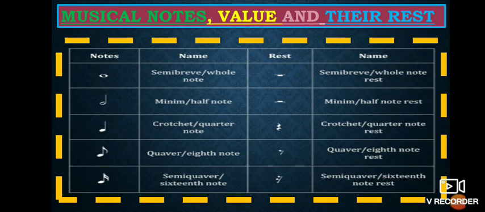Now move to the last note, semiquaver. The difference between semiquaver and quaver: quaver has one tail, while the semiquaver has 2 tails. The two of them have a shaded head. But the quaver has 1 tail, while the semiquaver has 2 tails.